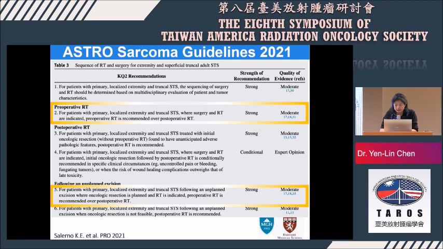It is also recommended for patients who have undergone an unplanned excision where additional oncologic resection is not feasible. And the recommendation is conditional for other features, such as a patient presenting with uncontrolled pain or bleeding or big fungating tumors.